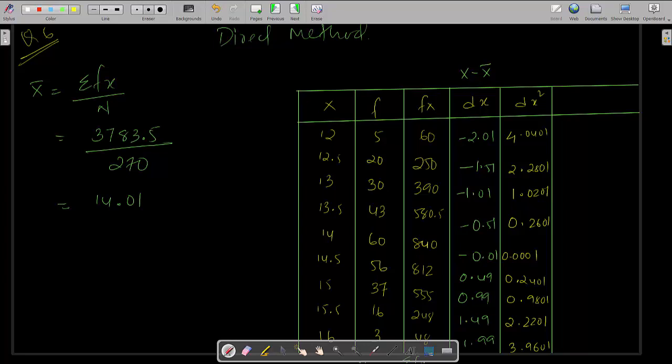So this is what you get if you square the values of dx.